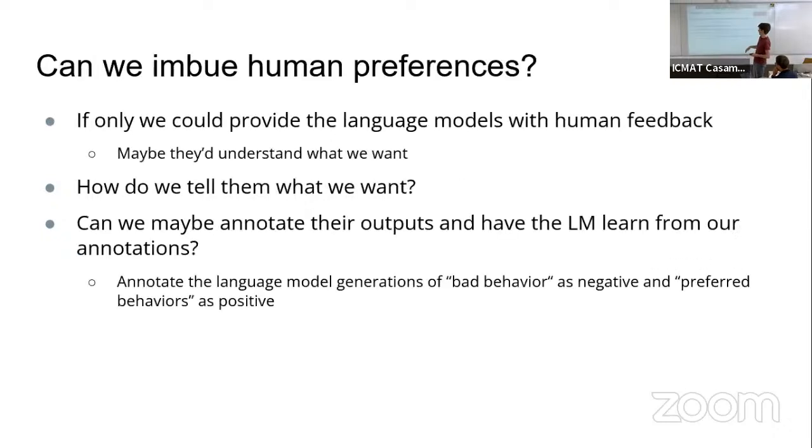The question is, how can we imbue human preferences into a large language model? It's difficult because we would have to specify some kind of behavior, like don't be bad, don't generate harmful content. But the problem is that this requires large amounts of human annotation. So instead, the simple methods we're going to be seeing today have been specially prepared to be scalable.